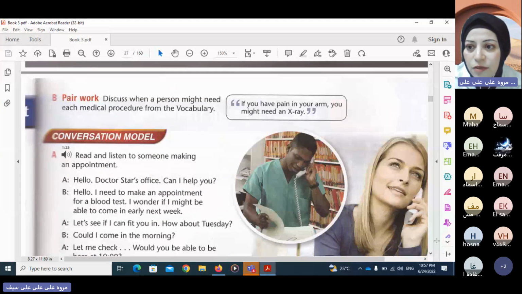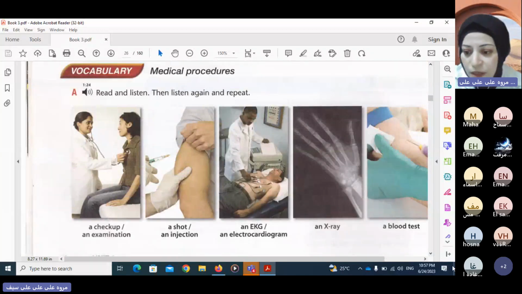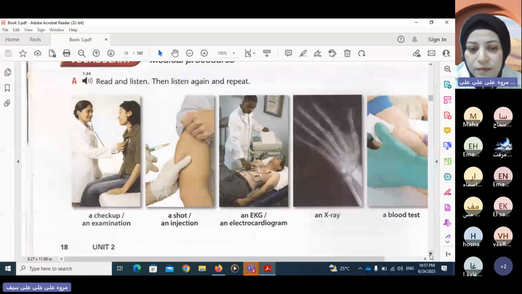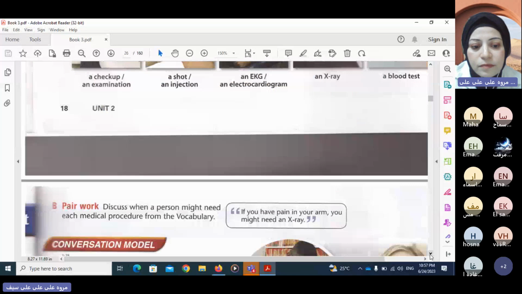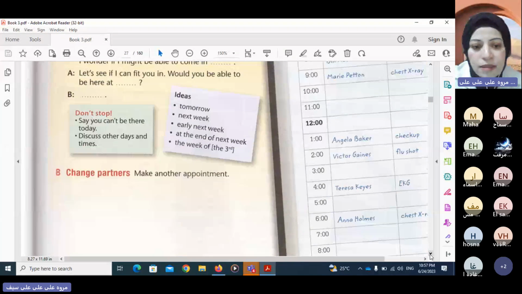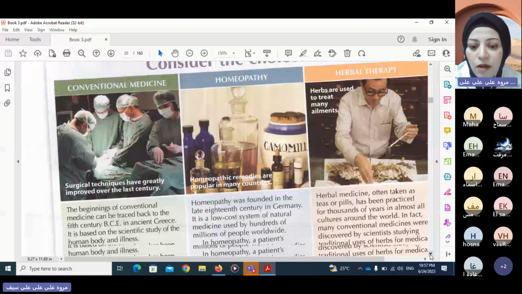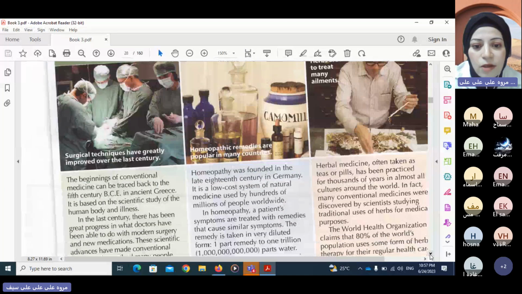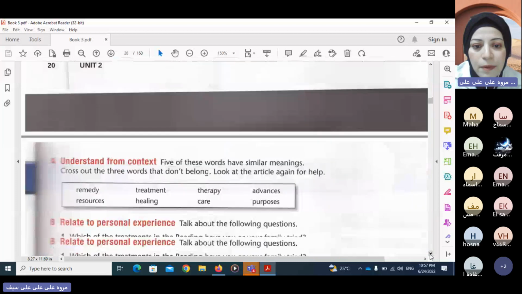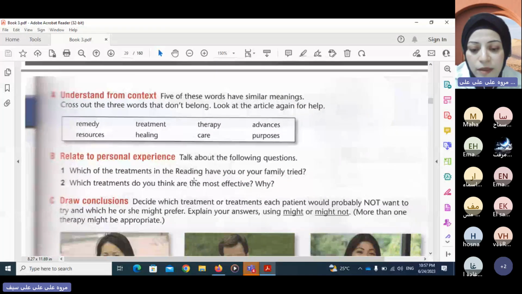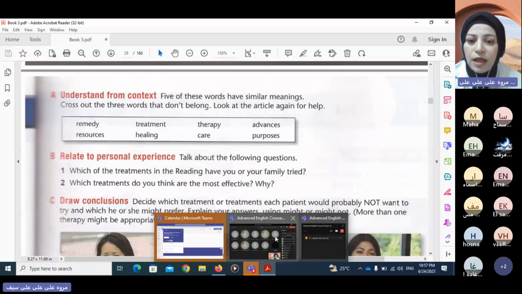We revised the medical procedures here, and the conversation model, as I said. Then we have the kinds of treatments, many pieces of information here, and the practice of vocab, the synonyms, and then the speaking part, then the pronunciation, the part of the American pronunciation lesson.